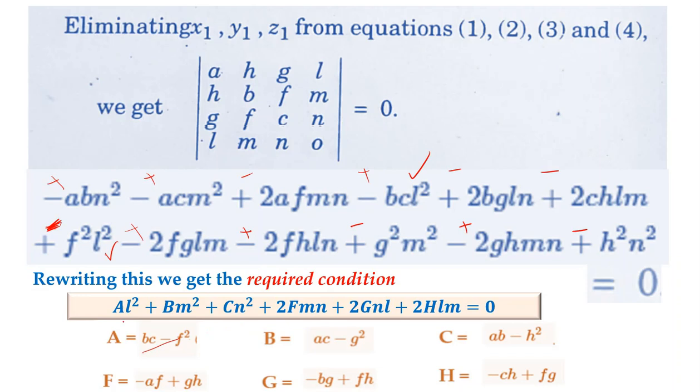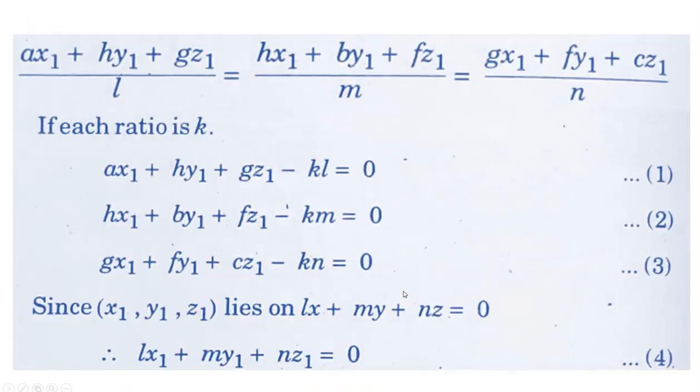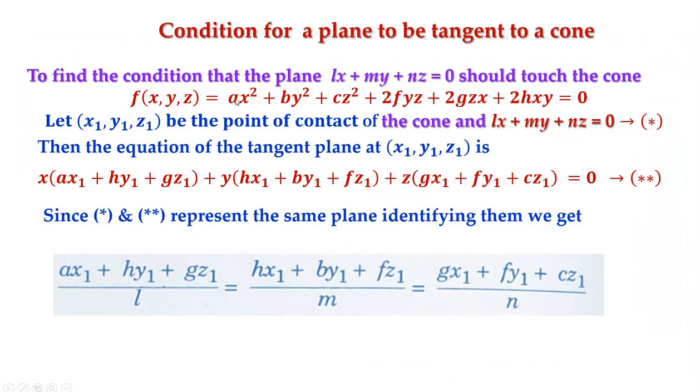And why do we need it in this form? See, this is the required condition. We are given Lx plus My plus Nz equal to 0 to be the plane, which means the given cone equation is given by this. This is the equation of the cone.